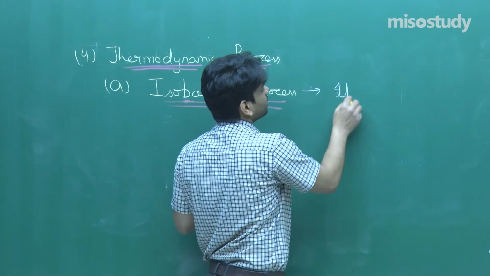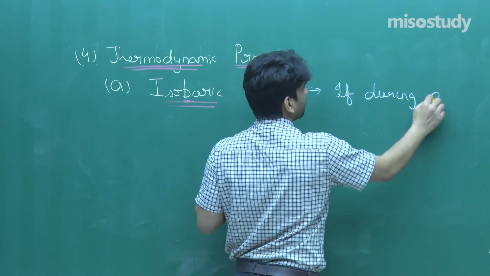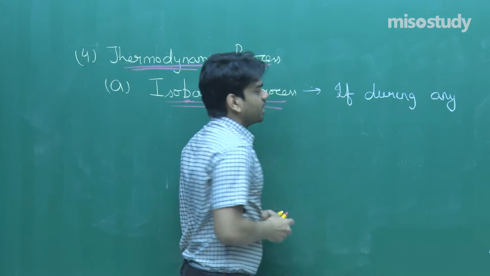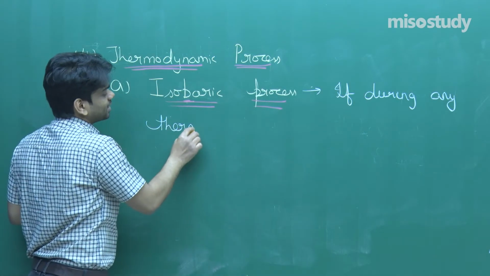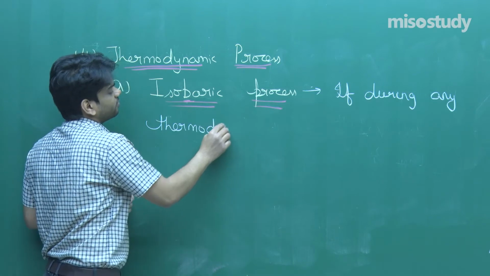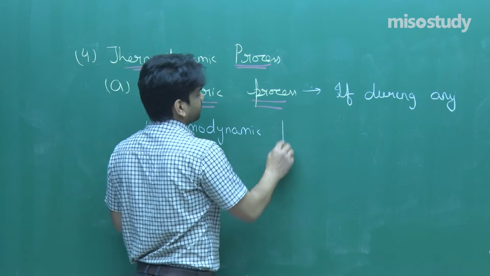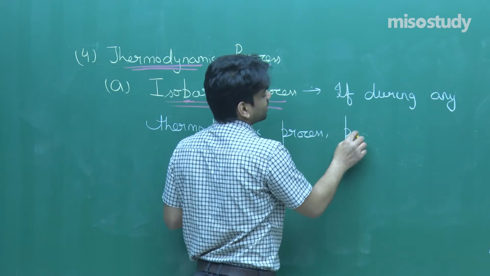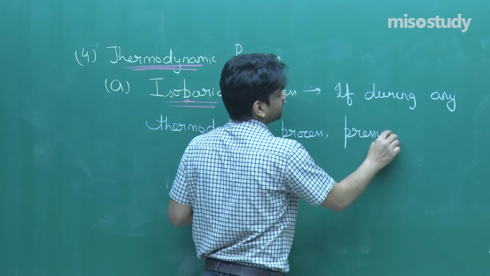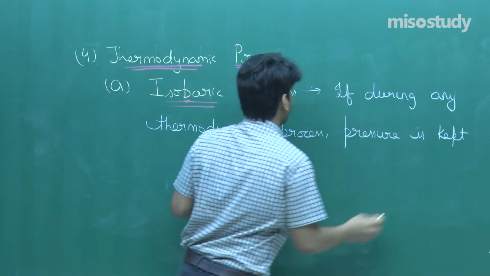If during any thermodynamic process pressure is kept constant, such a process is an isobaric process.